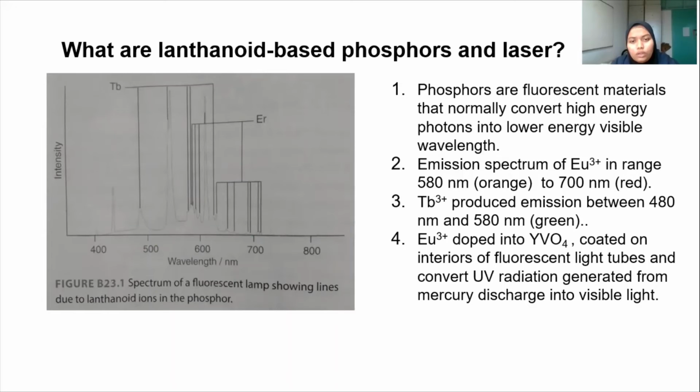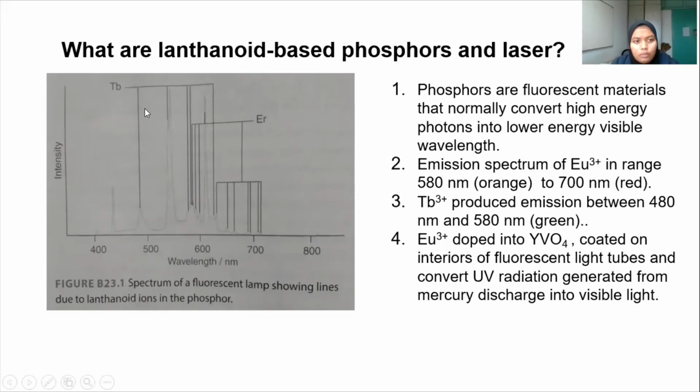The emission spectrum of Eu occurs in the range from 580 nanometers, which gives the orange color, until 700 nanometers, where 700 nanometers gives the red color.